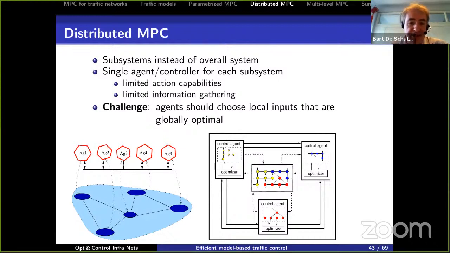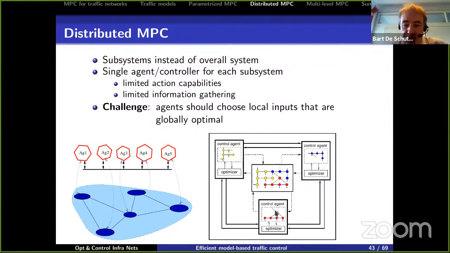What you see here is a representation of this. We have our network, and we divide it into certain zones. In our case, we have a network consisting of 3 zones, a yellow zone, a blue zone, and a red zone. For each of these zones, we develop a local MPC control agent.